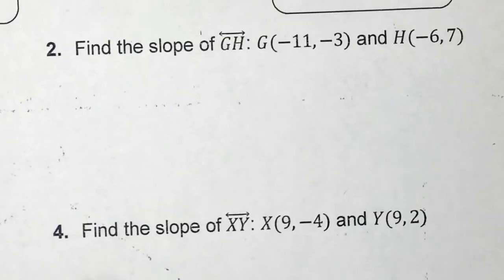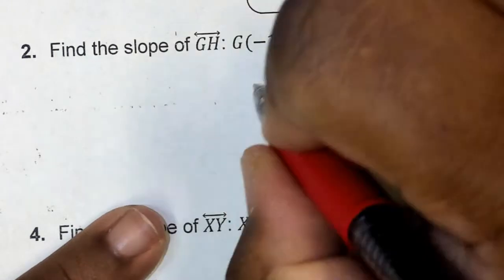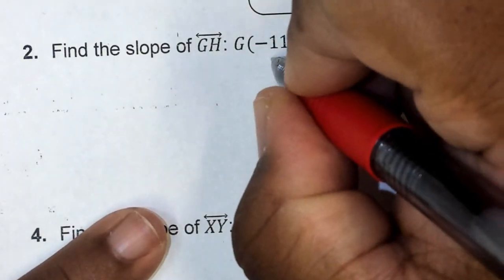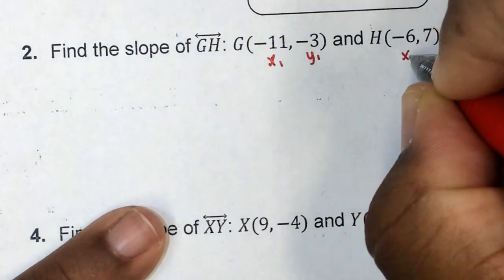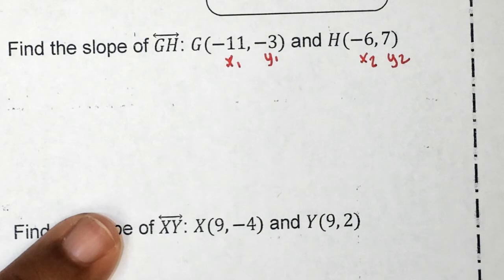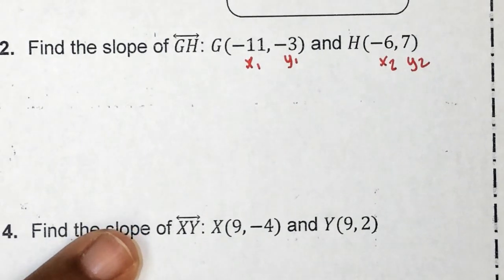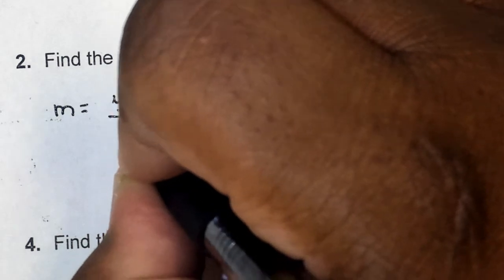You see, slope formula has the x1, y1 stuff in it, so the first thing you should do before you even write the slope formula is label your points: x1, y1, x2, y2. Then it says m equals y2 minus y1 over x2 minus x1.